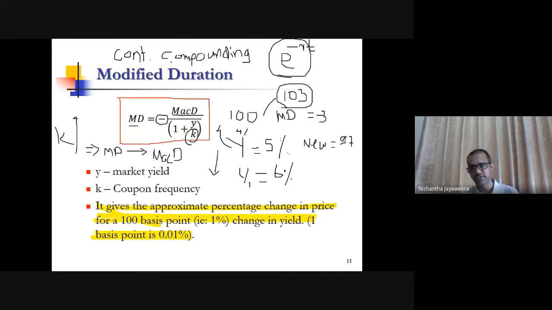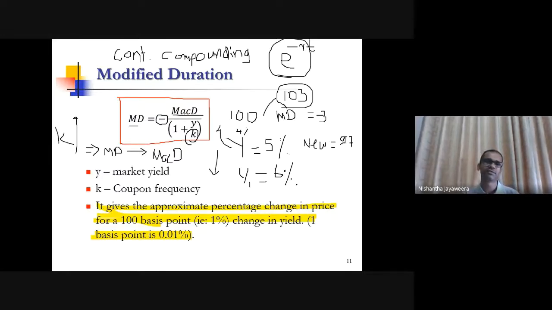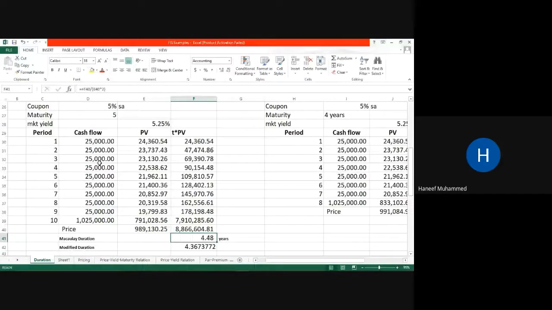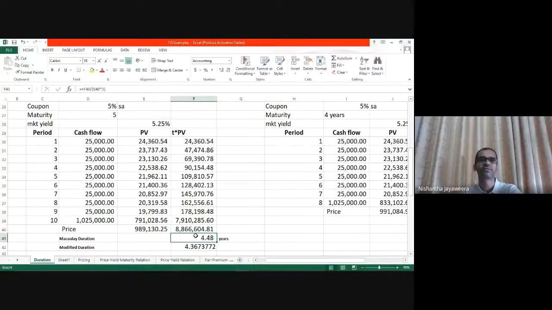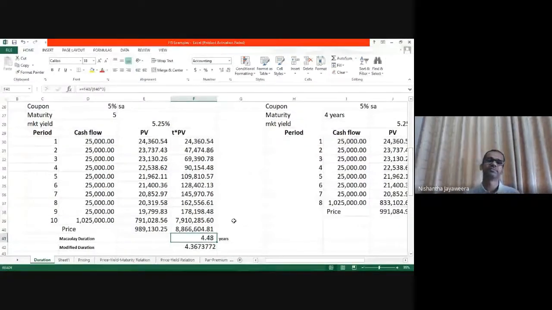So through that only we can prove the duration of the zero coupon bond. If you do this sort of calculation, I don't think duration is 0 for a zero coupon bond. You have to use this continuous compounding.